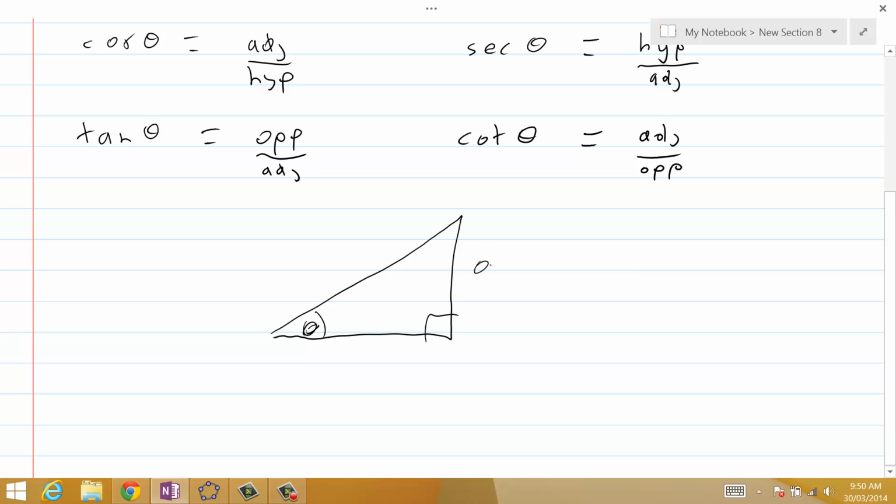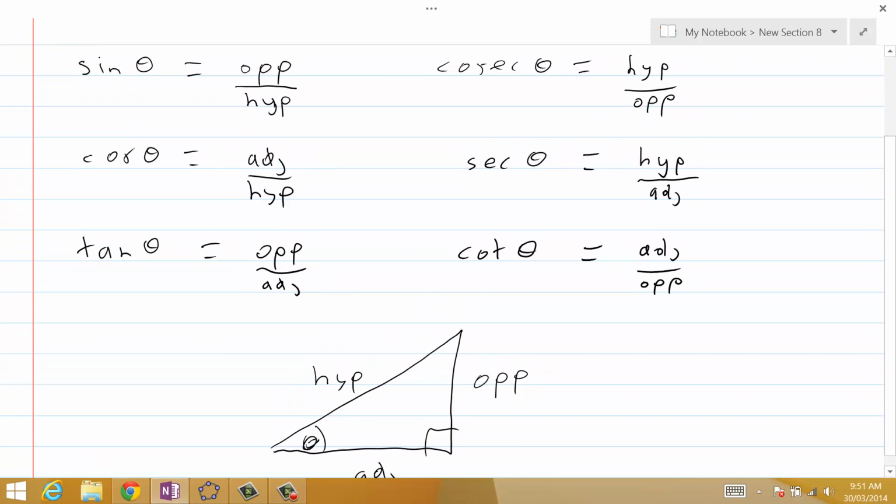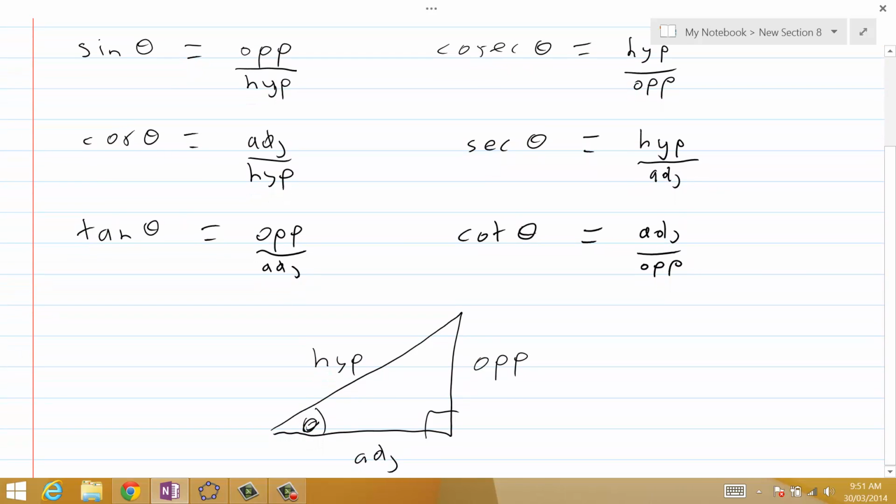We have our opposite side. We have our adjacent side, and we have our hypotenuse. Hopefully all of that is familiar to you, at least for sine, cosine, and tangent.